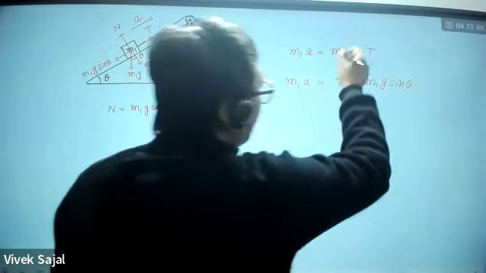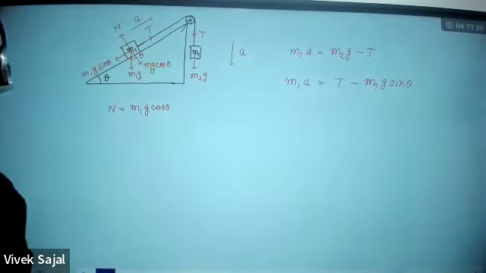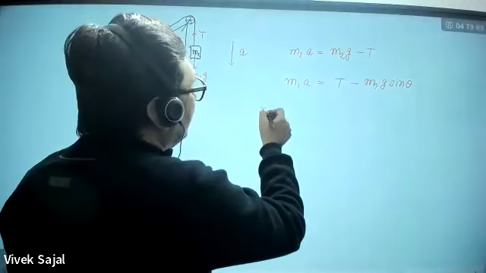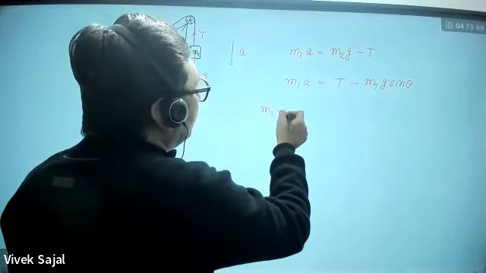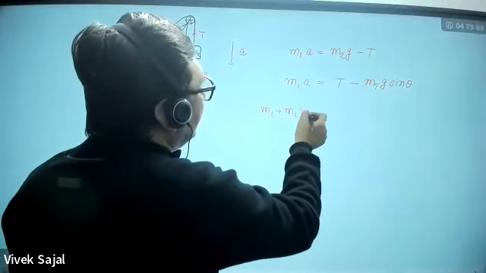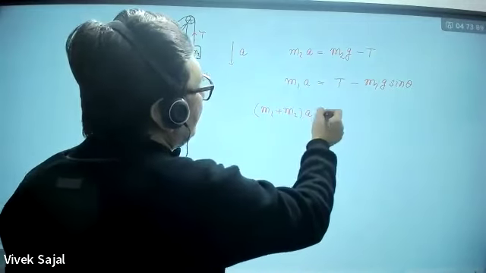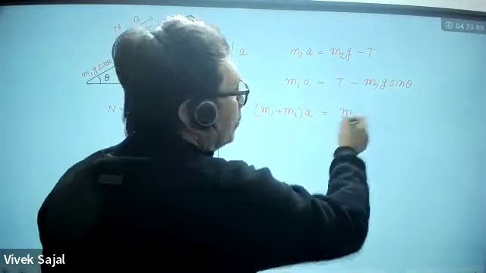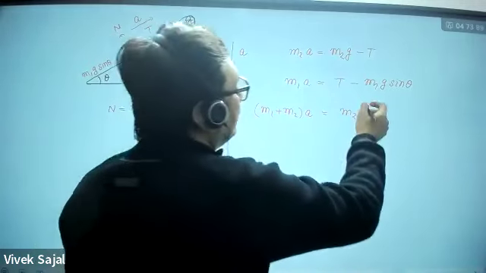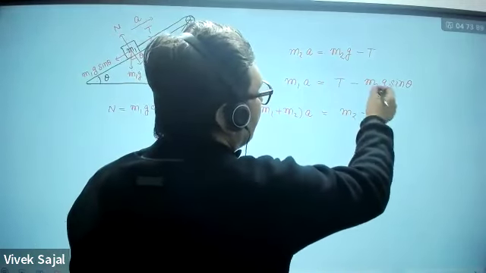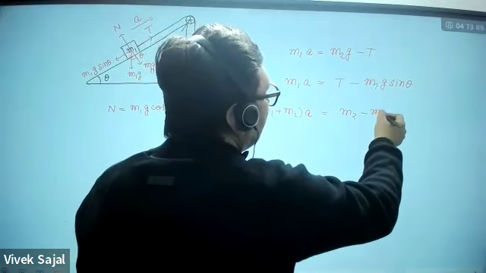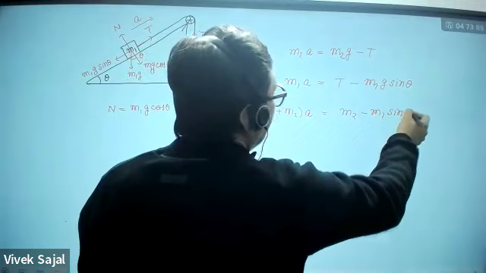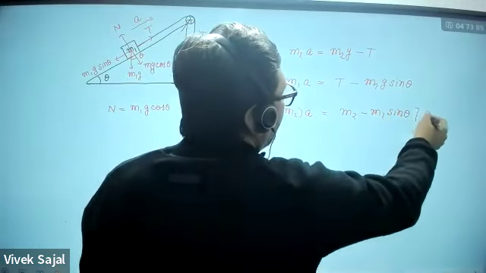So add these two equations. Now add these two equations, so tension will cancel out. So this will become (M1 plus M2) into a, and that will be equal to M2g minus M1g sin theta. G is common, so I will write g here.